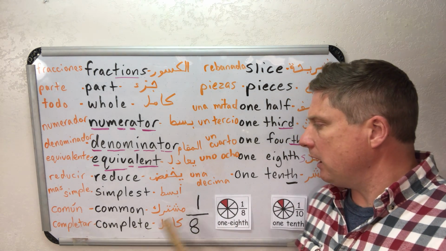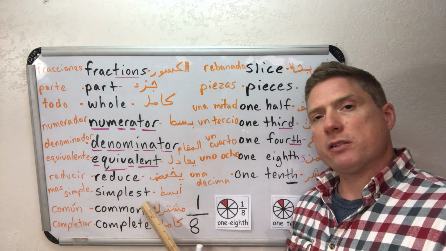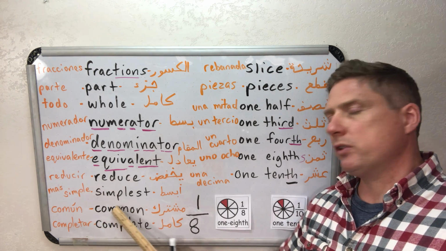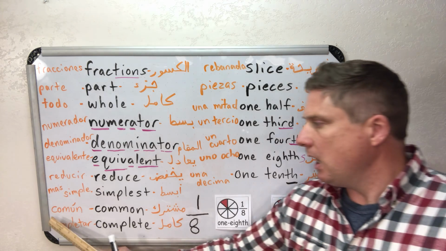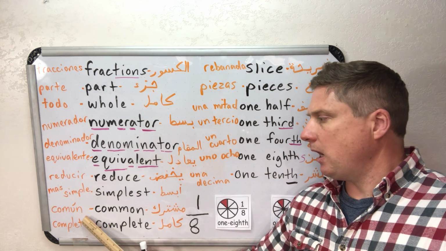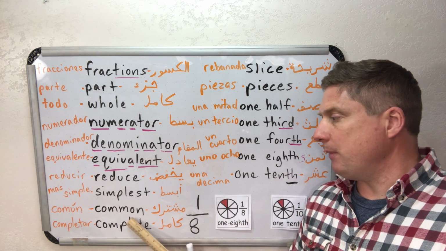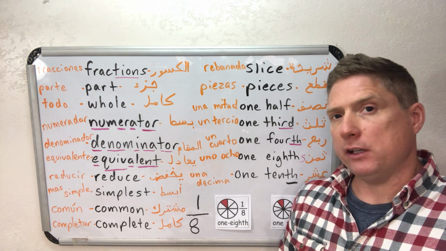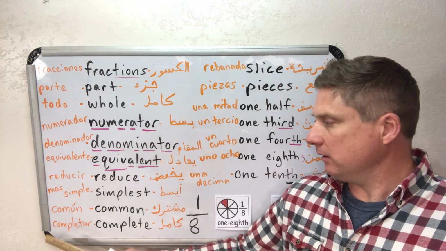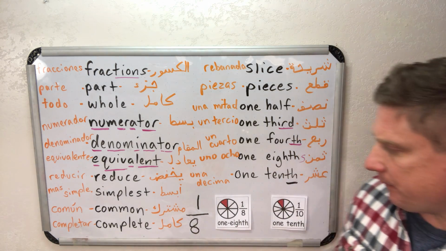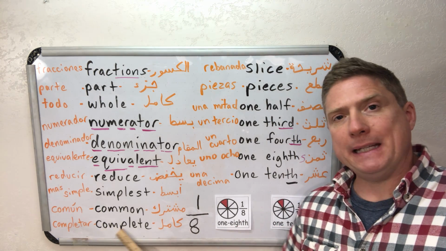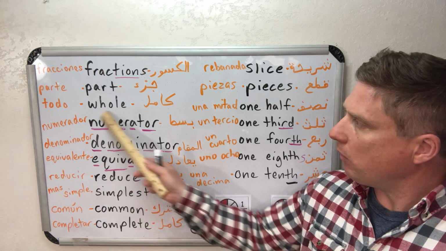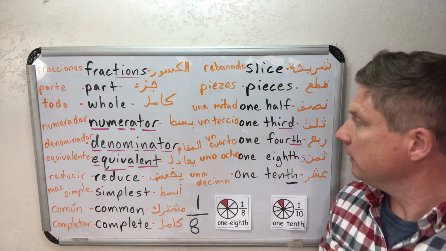Más simple, أبسط, simplest, simplest. We will reduce fractions to their simplest form. Common, مشترك, common, common. To do that, we must find the common factor in each one, common denominator. Completar, كامل, complete, complete, or كامل. So complete and whole, very similar.